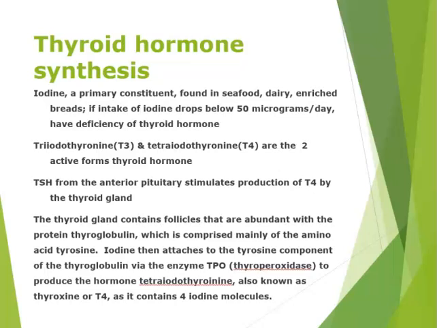The thyroid gland contains follicles that are abundant with the protein thyroglobulin, which is comprised mainly of the amino acid tyrosine. Iodine then attaches to the tyrosine component of the thyroglobulin via the enzyme TPO, thyroperoxidase, to produce the hormone tetraiodothyronine, also known as thyroxine, or T4, as it contains 4 iodine molecules, hence why it's called T4.